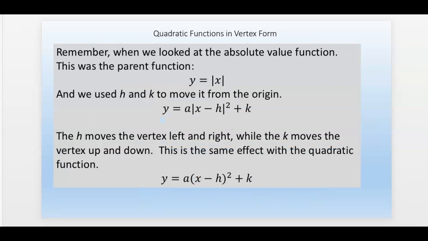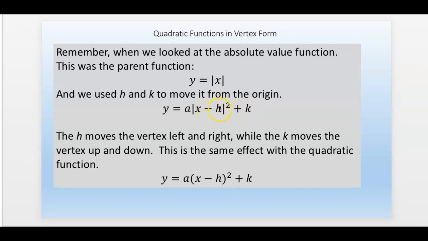And again, remember we looked at the absolute value function. The parent function looked like this: y equals the absolute value of x. And we use this h and k to move it from the origin. Remember, minus h plus k? The h moved it right and left. The k moved it up and down.